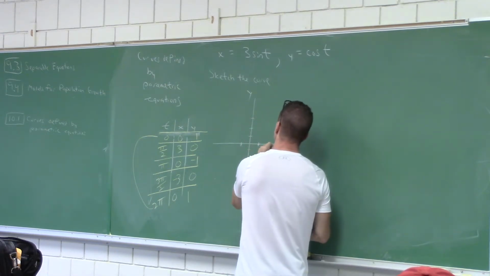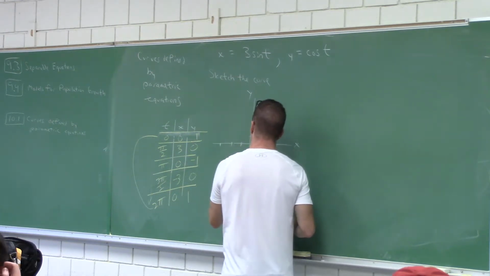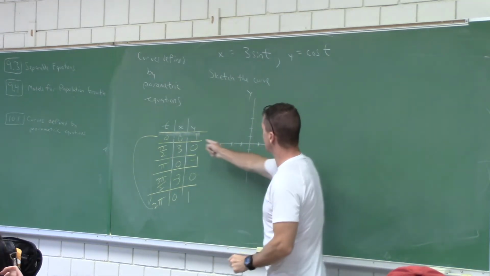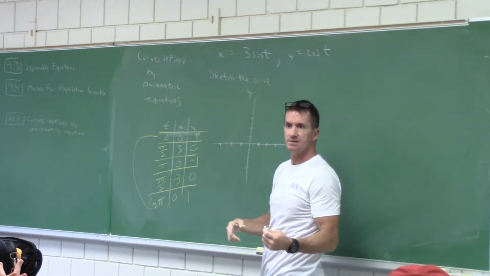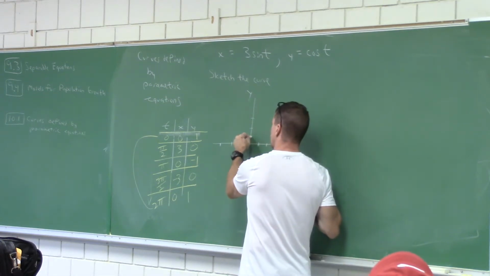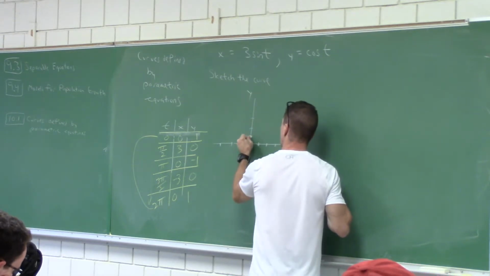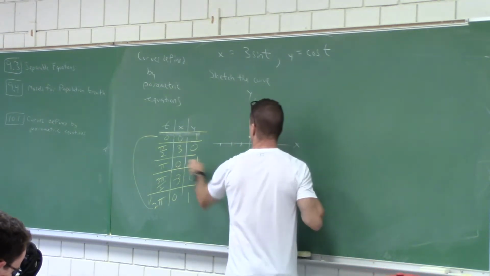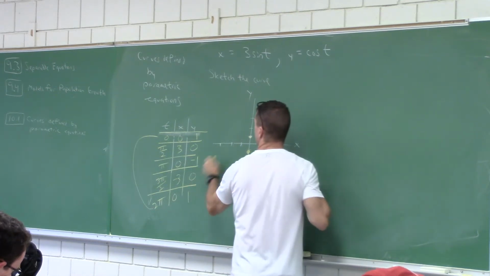I don't want to plot this incorrectly, I almost did. Wait, which way is this thing stretched? Where's that point? Is that here or here? I don't want you to mix it up on the test. 0, 1 is right down here. Where's this point? Here. Where's this point? Right there. Where's this point? Right there.